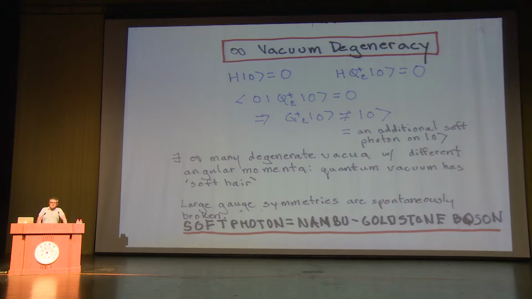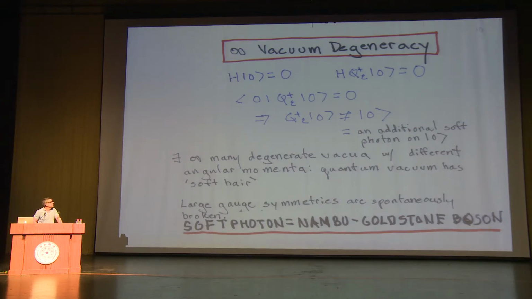Now, this tells us something interesting about the vacuum in quantum electrodynamics, and that is, it is infinitely degenerate. The operator Q that generates these large gauge transformations commutes with the Hamiltonian. That's obvious from the fact that it can be written as a surface integral near spatial infinity.